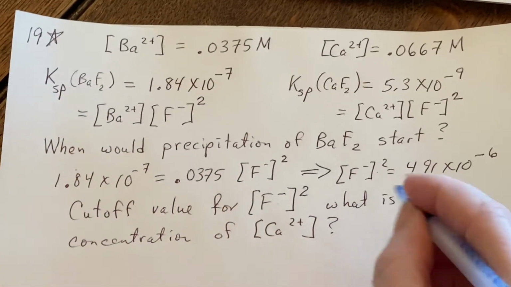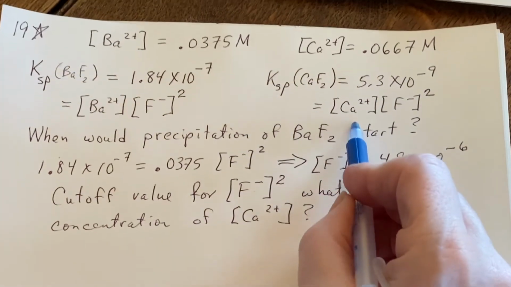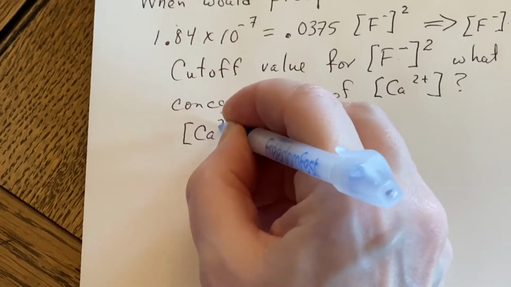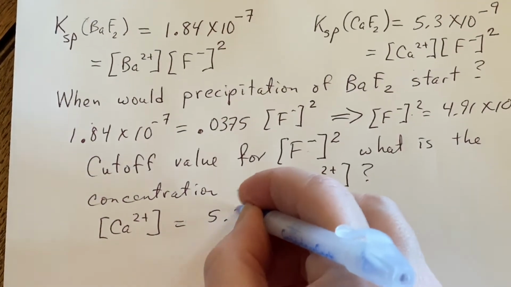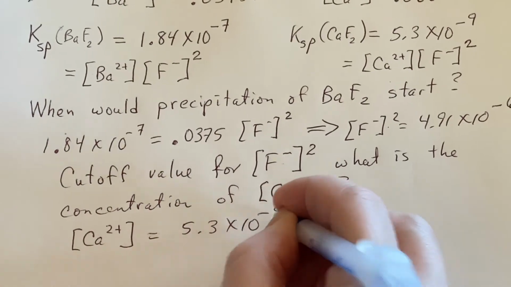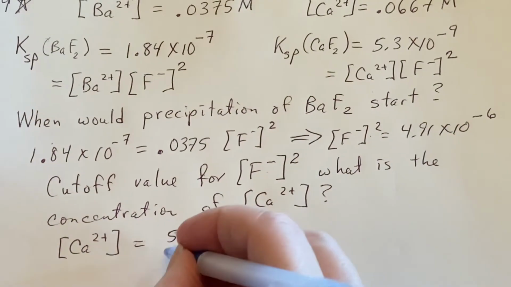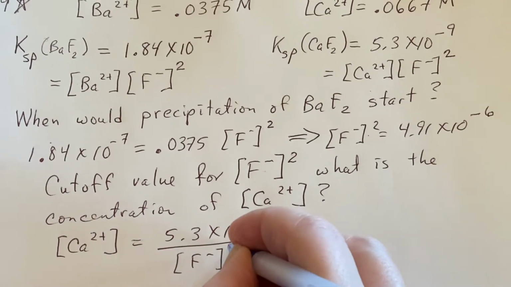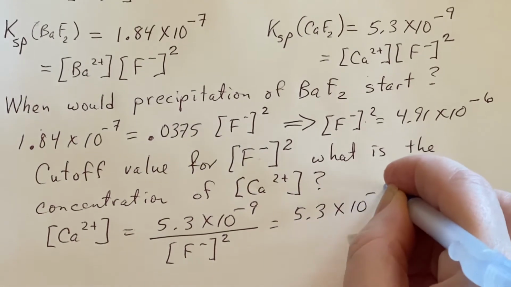All right, so I'm going to put this value in here to find out what this is. That would mean the calcium concentration would be the 5.3 times 10 to the minus 9th divided by this fluoride ion concentration, which I already know. I'll write it this way first, just so you see all the steps.